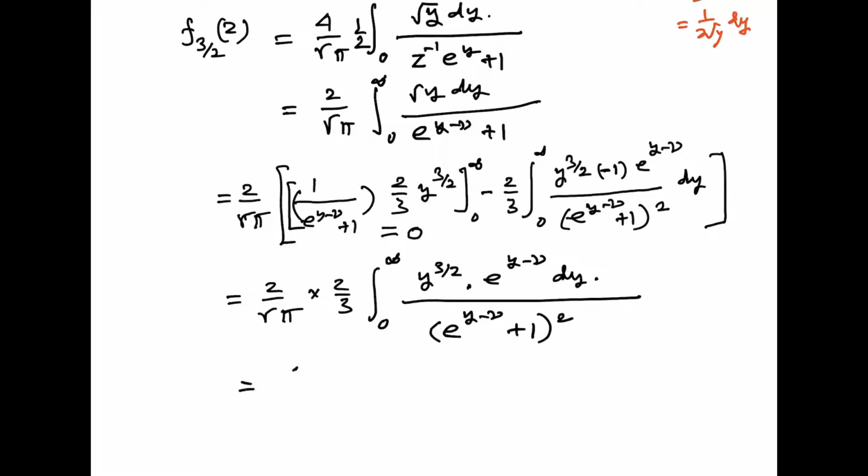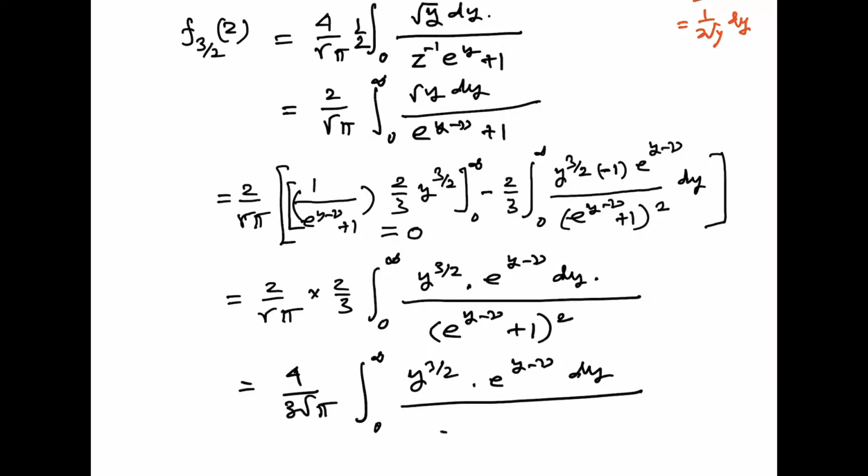So that is 4 by 3 root pi integral 0 to infinity y to the power 3 by 2 into e to the power y minus nu dy divided by e to the power y minus nu plus 1 whole square. This is f 3 by 2 z, when n lambda cube is very large compared to 1.